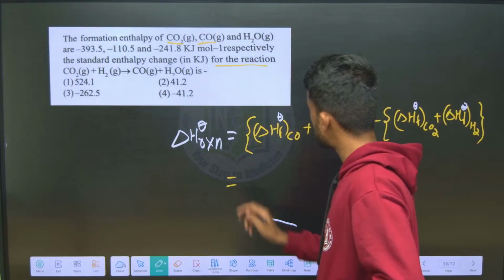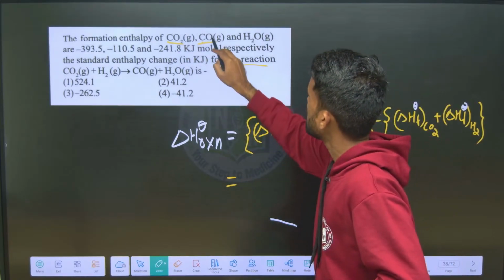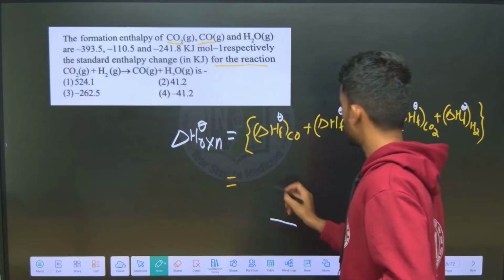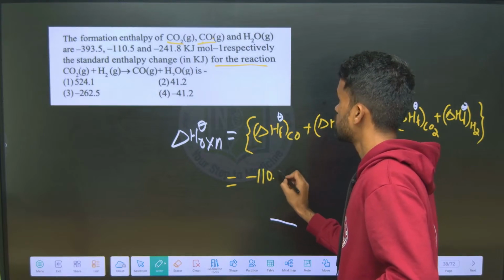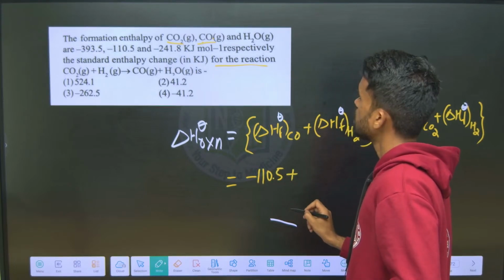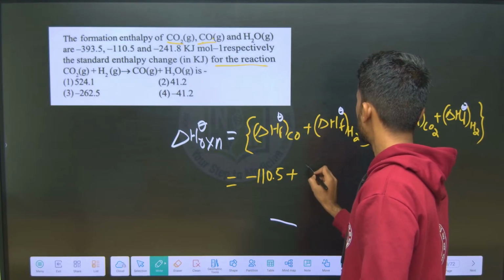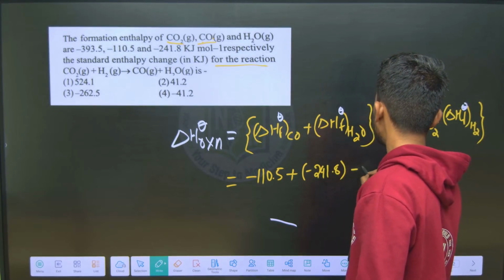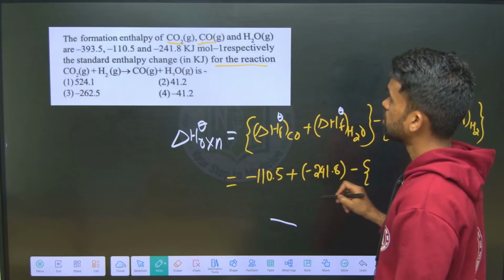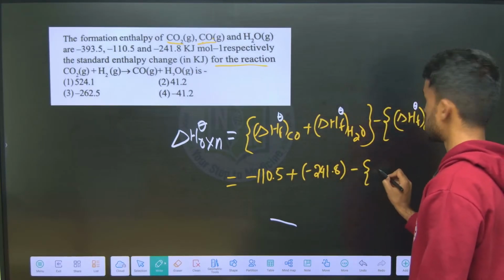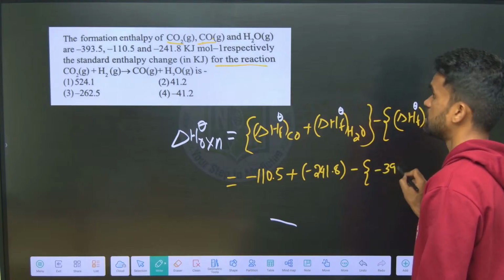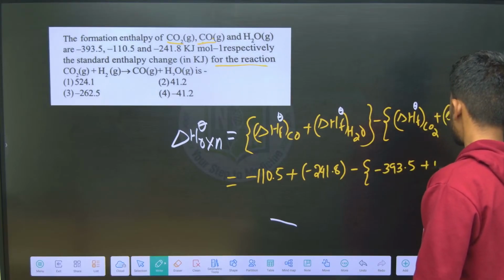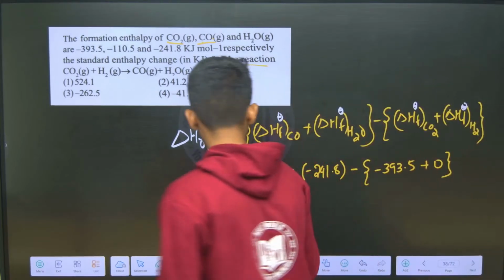So what is the value for CO? Second value, minus 110.5, plus H2O minus 241.8, minus this one. So minus of minus, here it will be minus 393.5 and this is 0. So what can I say?